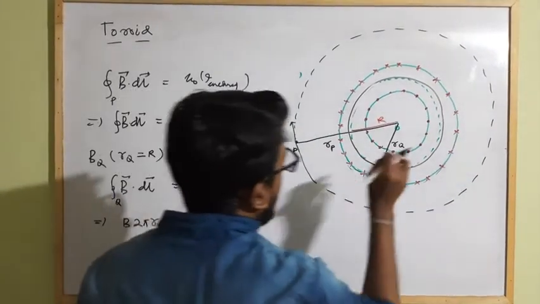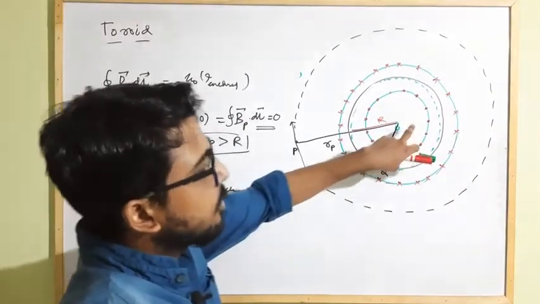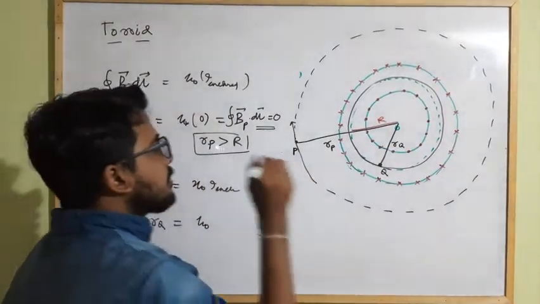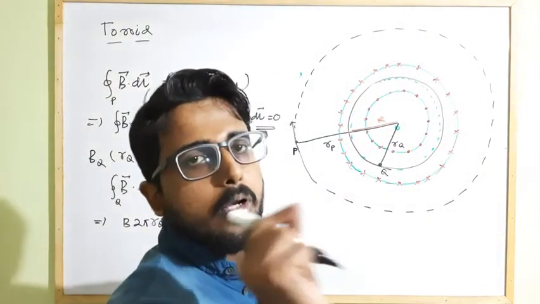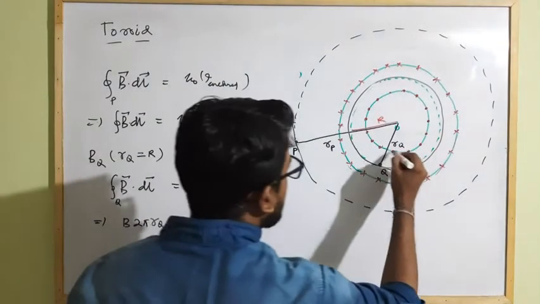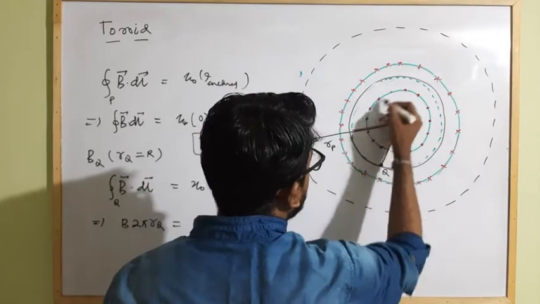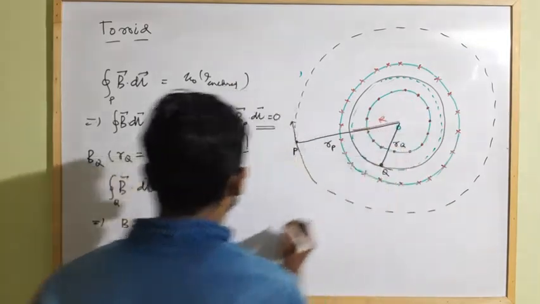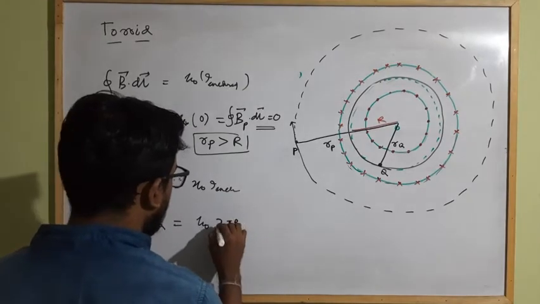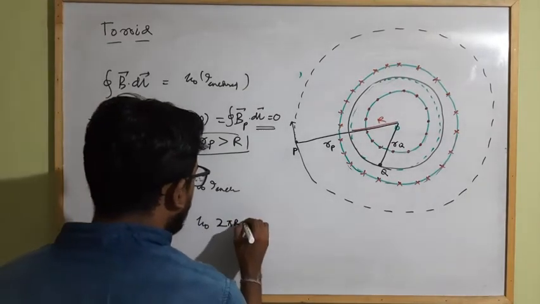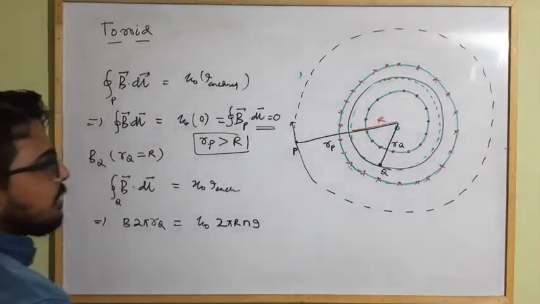I is the amount of current carried by a single turn of the toroid, and let the number of turns of the toroid be n per unit length. Then what is the length of this complete Amperian loop? As this is the total Amperian loop, the length will be 2 pi R, into the number of turns per unit length n, into the current carried by a single turn, that is I.